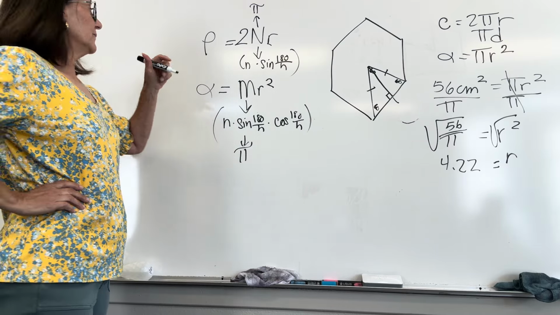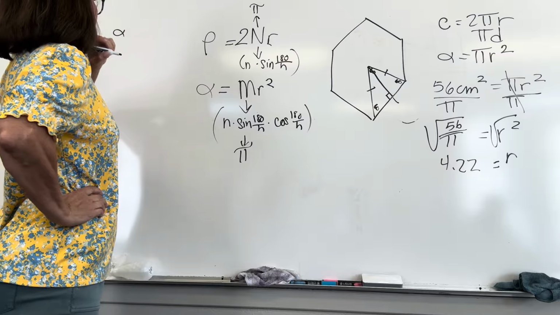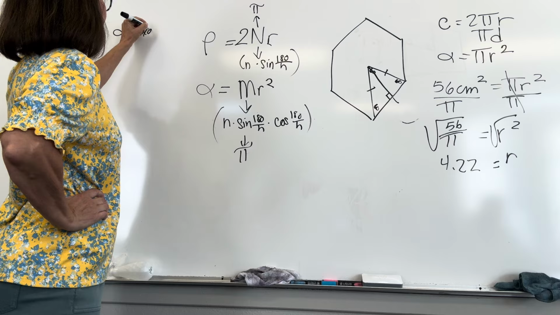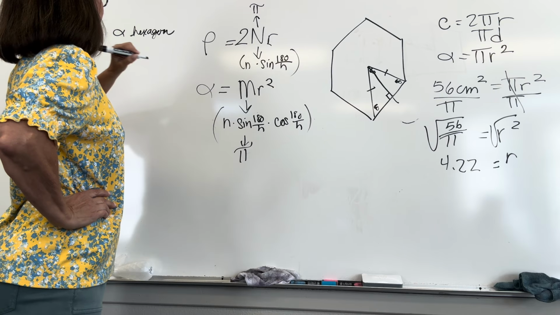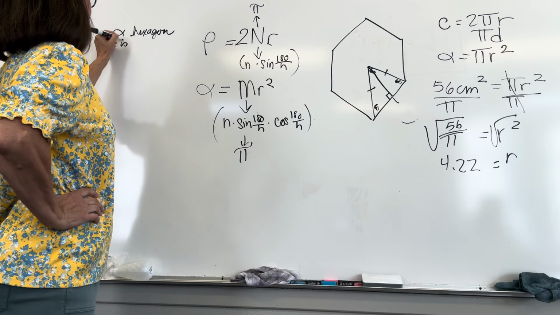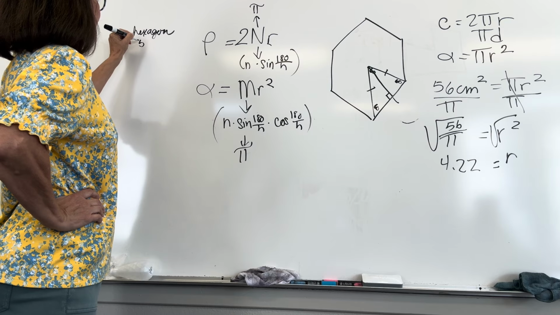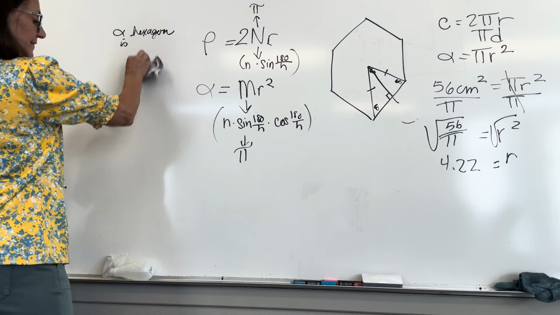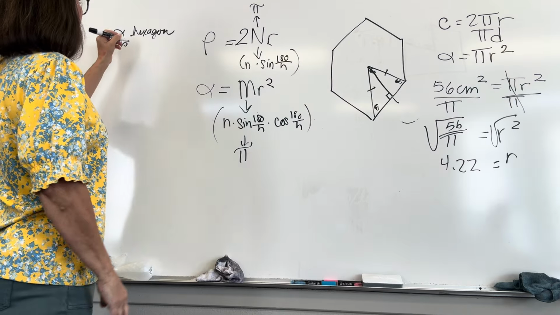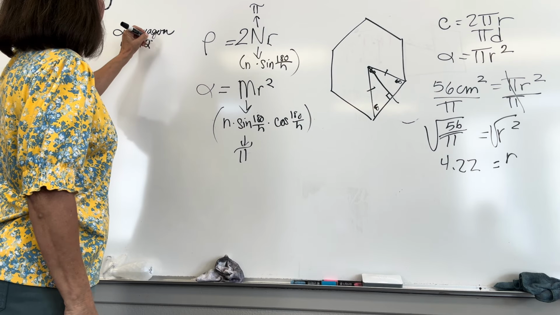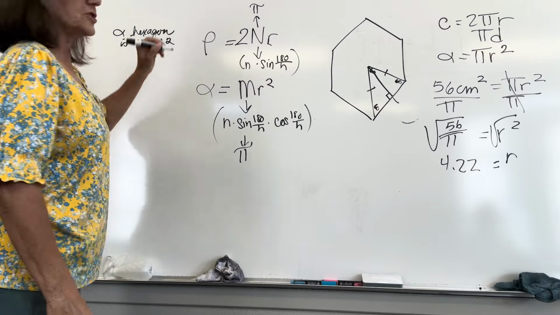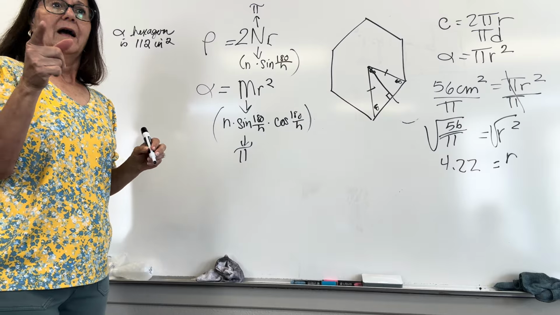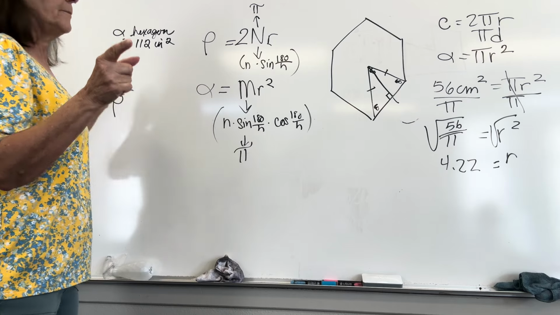Here's what I'm going to give you. The area of, let's say, a hexagon, because I like hexagons. Let's not stick with 56, because we're going to come up with something not far off of that. We'll go with 112 inches squared.